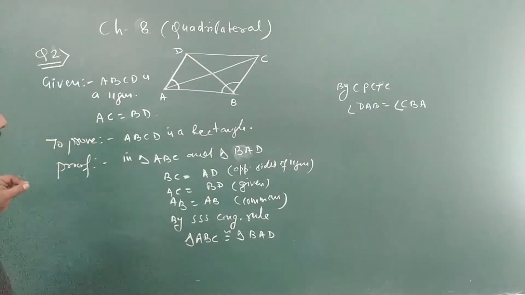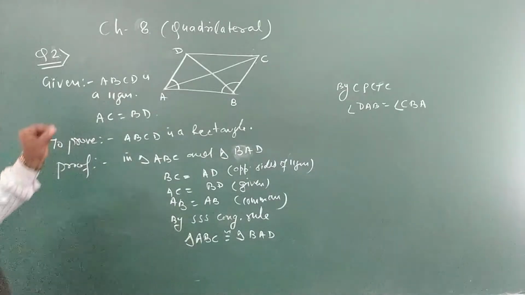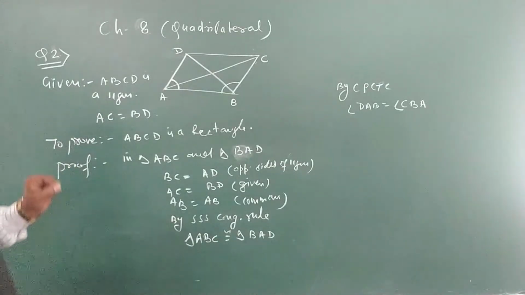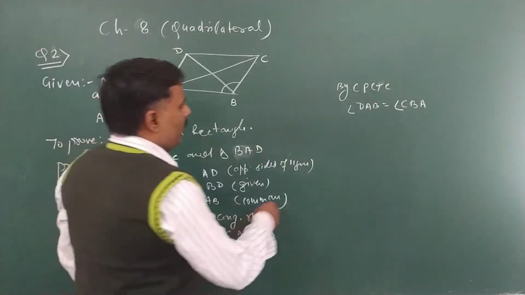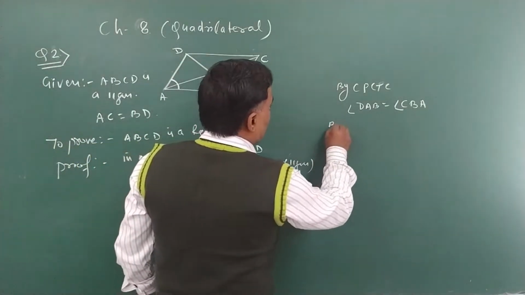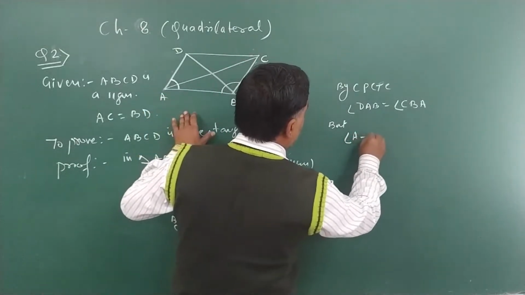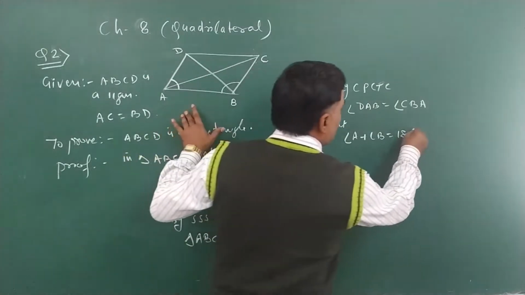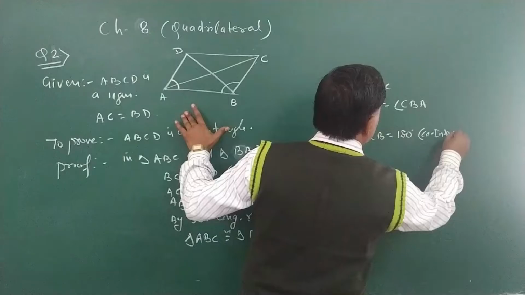But we can see that angle A and angle B are co-interior angles, and we know that co-interior angles are supplementary. So angle A plus angle B is equal to 180 degrees. I'm writing here: co-interior angles.